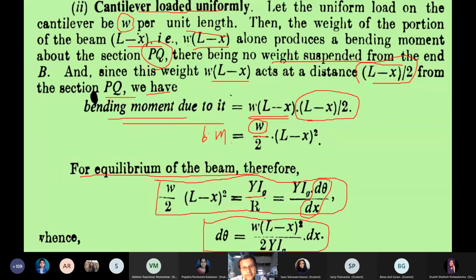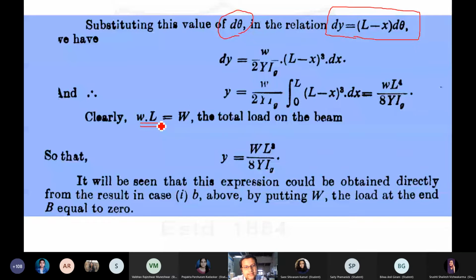By definition, it is the weight per unit length. So if we multiply the W with the capital L, the total length of the beam, it gives me a total weight, capital W, which is the total load on the beam.